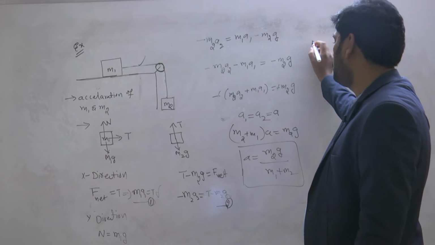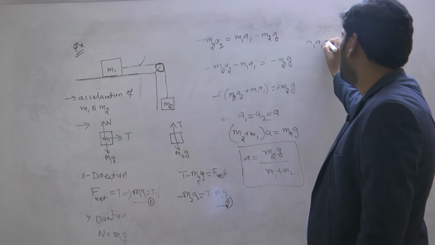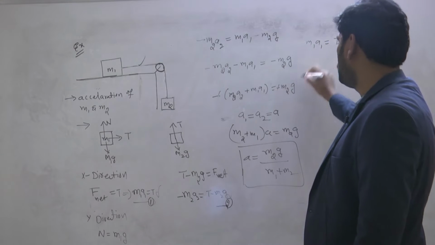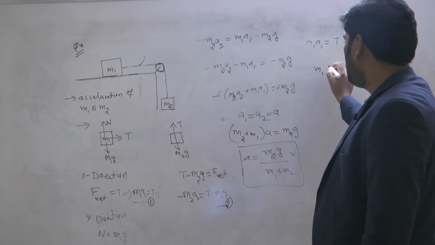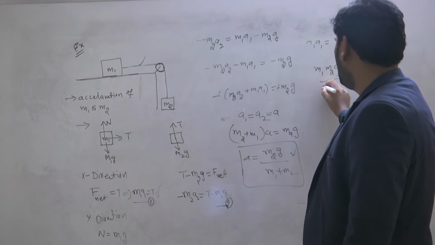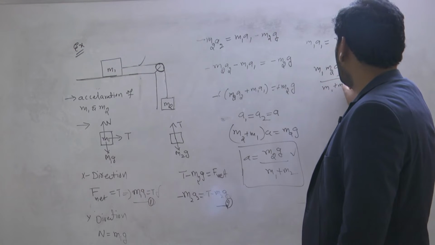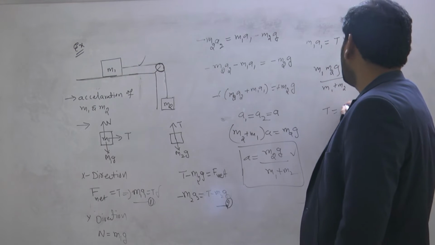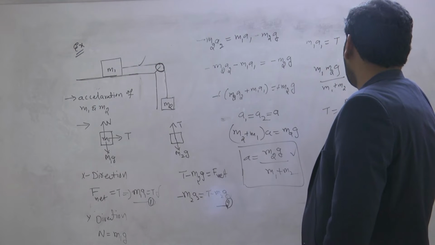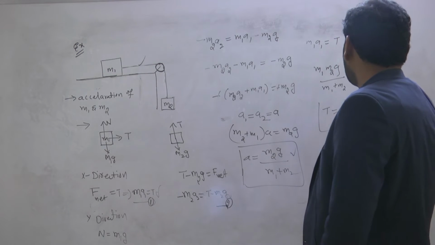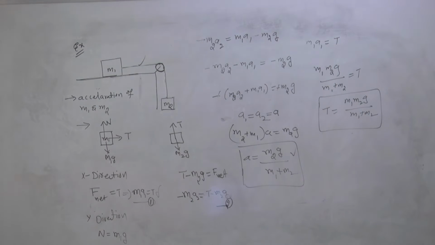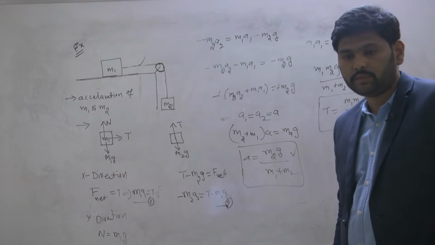I will use the first equation, that is M1A1 is equal to T, and here A1 is equal to A. If I apply that, M1 M2G by (M1 plus M2) is equal to T. From here T is equal to M1 M2 G by (M1 plus M2). So this is the tension generated in the string. Understand?